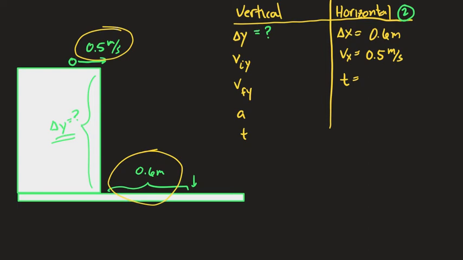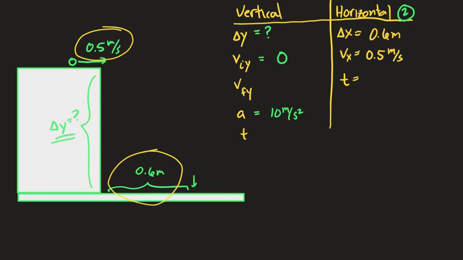So the only way I'm going to get that is if I have three other pieces of information on the vertical side. Now I know that it was gravity that brought the ball downwards. And in the case of this problem, it was similar to the other one, which suggests that it had no vertical velocity when it left the table.